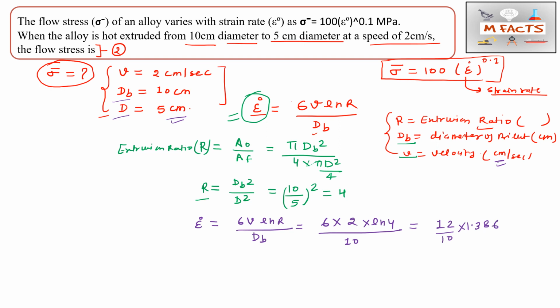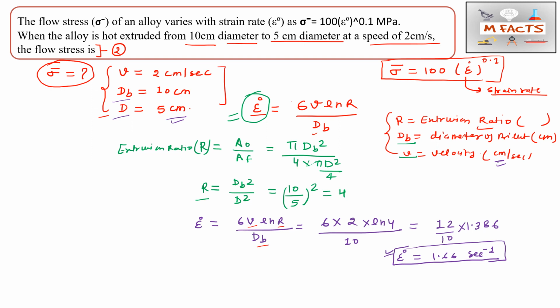So from here you will get this epsilon dot as 1.66, and the unit will be per second, or second inverse. This is the strain rate basically, and you can find the unit by putting all the units in this formula also: this is centimeter per second, this is centimeter, and these have no unit. So the centimeter will get cancelled and the unit will be per second.